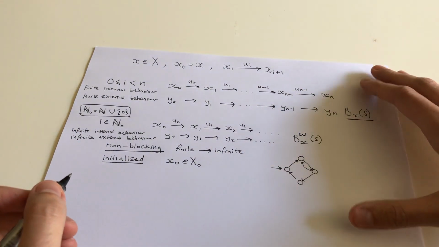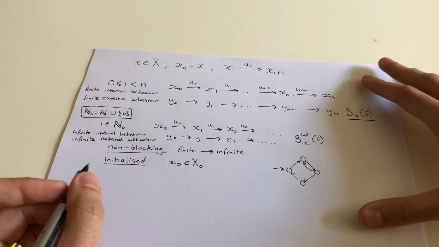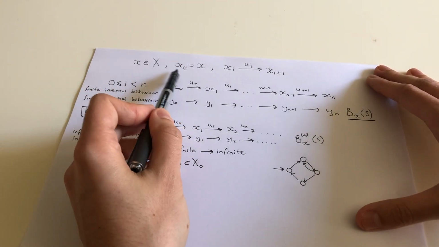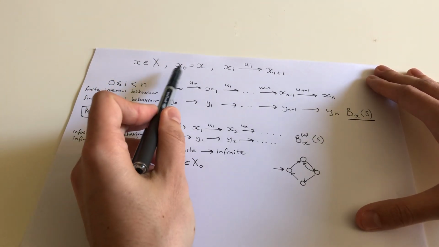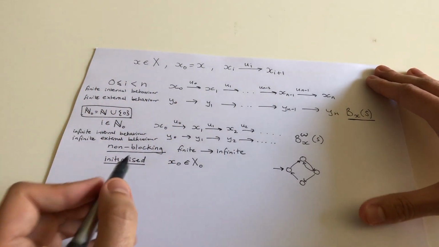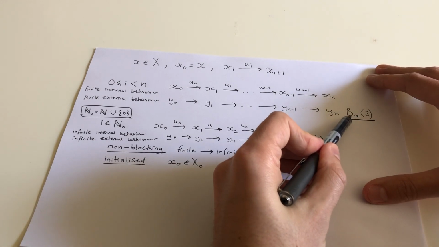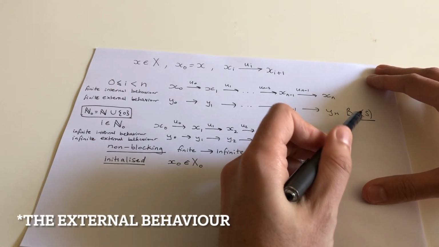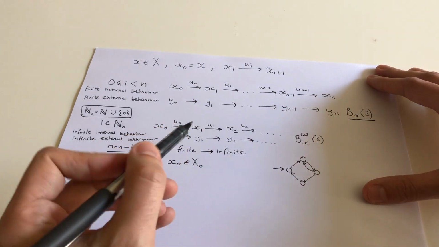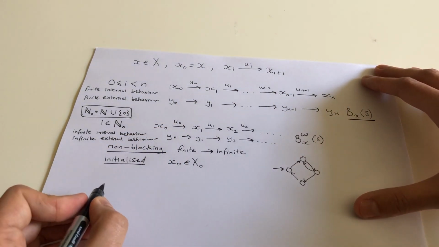Now, as we've already seen in the previous section, x0 is just one element of our initial set. But the initial set is a set. And so we can get the behaviour and the transitions from each of these states within our initial set.